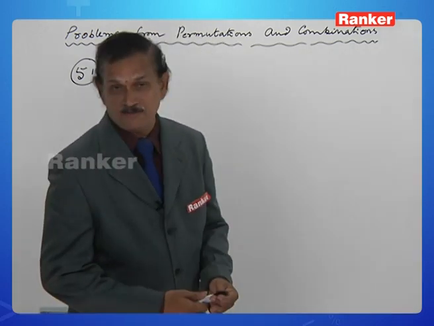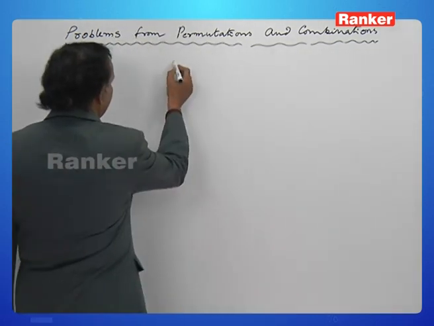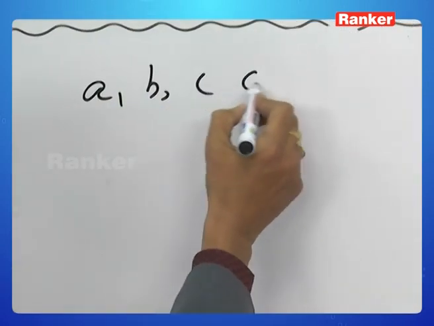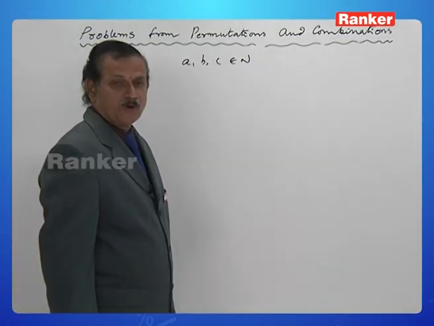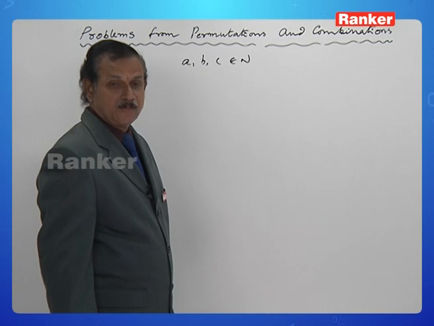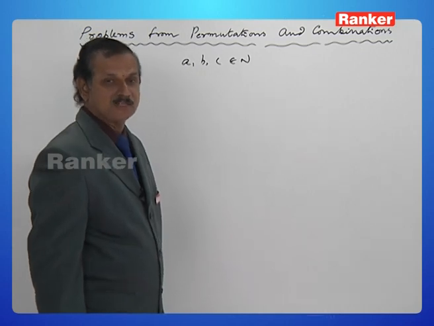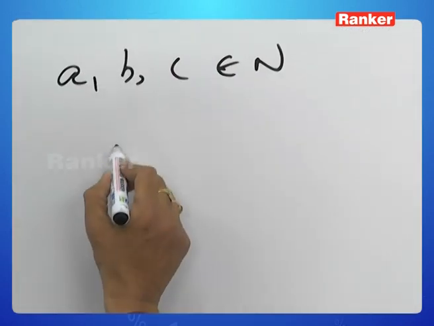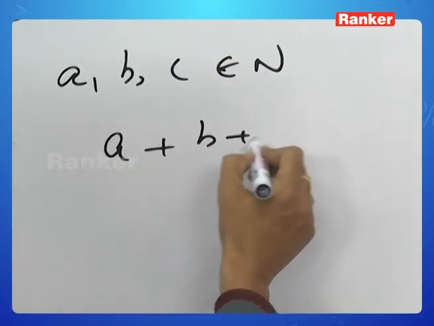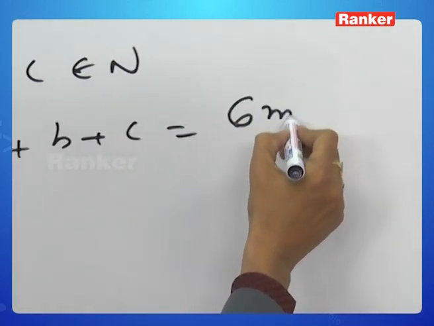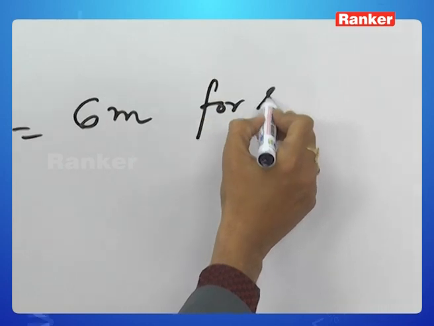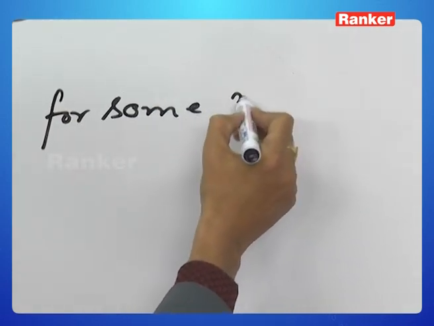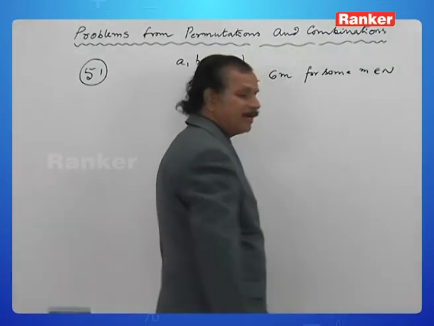First of all, what are A, B, C? A, B, C belong to N. Anything more? Yes, there is something. A plus B plus C is divisible by 6. Therefore, A plus B plus C is equal to 6M for some M belongs to N. Can we write like that?